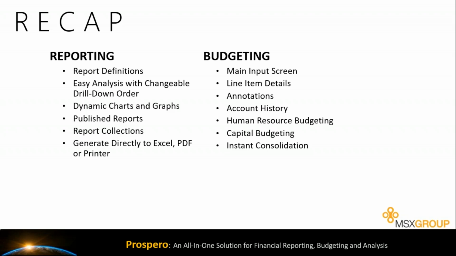We looked at the human resource budgeting detail tab and the capital budgeting detail tab, and a huge plus over Excel is instant consolidation, so that as soon as they click save on the input screen, those balances are inside the Prospero SQL database, and they're summarized right away according to the trees, and they're available for reporting right away for the whole company against your actuals or any other version of the budget or forecast. So everything's all in one place.